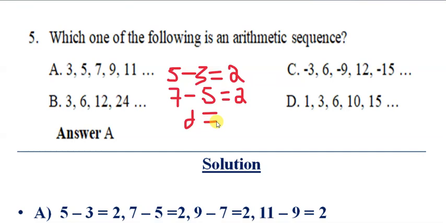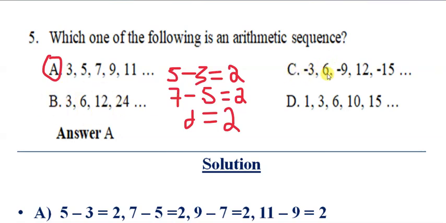This sequence fulfills the definition of an arithmetic sequence, and therefore the answer should be A. Without going any further we can answer this, unless our choices include all of the above. We don't need to check any other. Here in B, for example, 6 minus 3 gives us 3, but 12 minus 6 gives us 6, which is not equal to 3, and therefore this cannot be an arithmetic sequence.